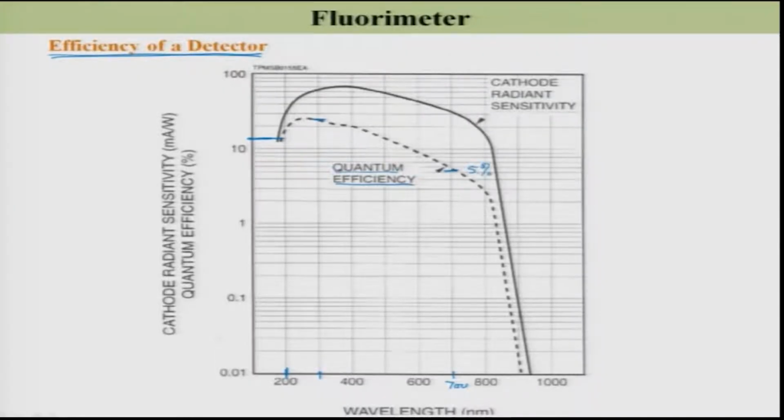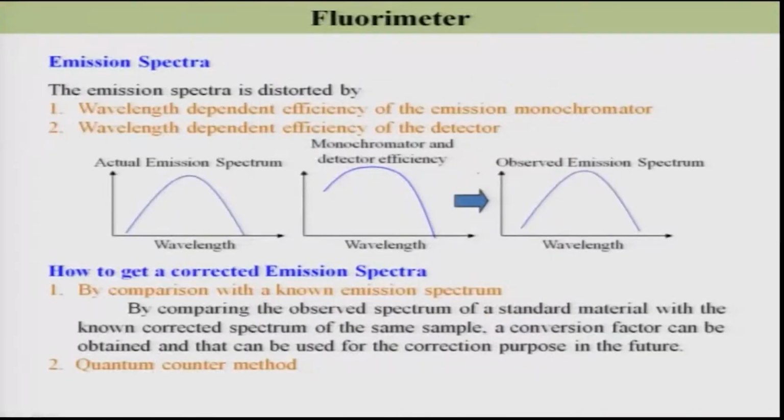So efficiency is a function of wavelength for this detector, and for that, what will happen if this is the actual emission spectrum of your species, as I showed here? Let me change the color of this pen.